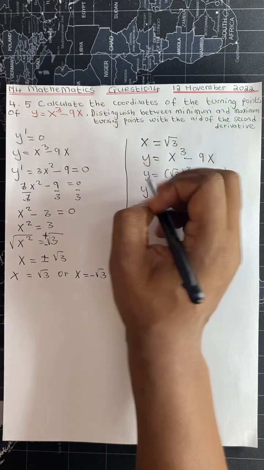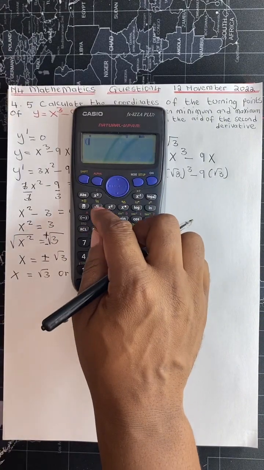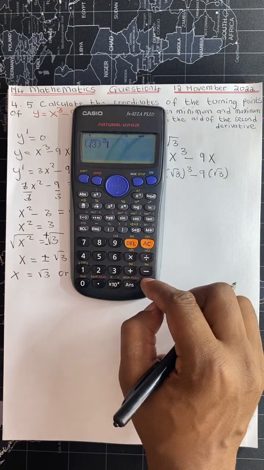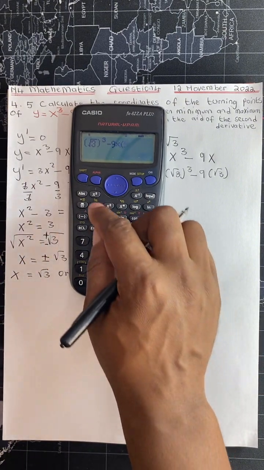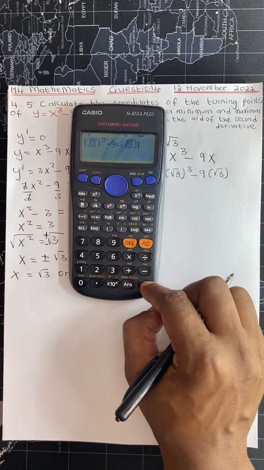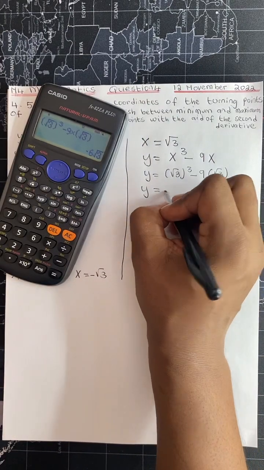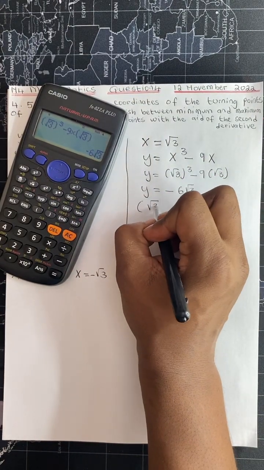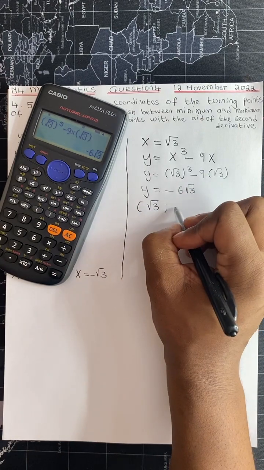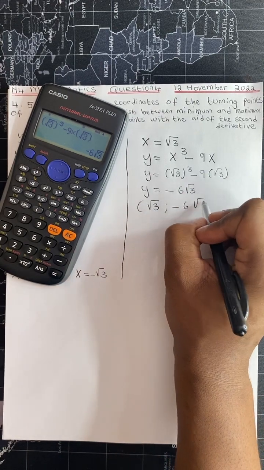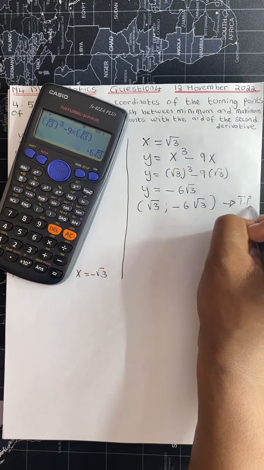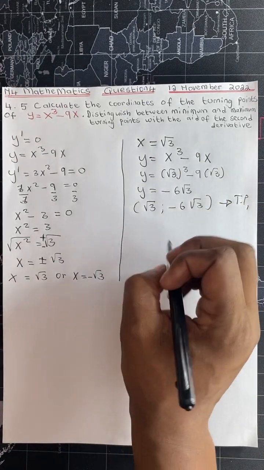So y will be equal to the square root of 3 to the power 3 minus 9 times the square root of 3, which will be equal to negative 6 times the square root of 3. So when x is equal to the square root of 3, y is equal to negative 6 times the square root of 3. And this will be our first turning point, which we can denote as turning point 1.